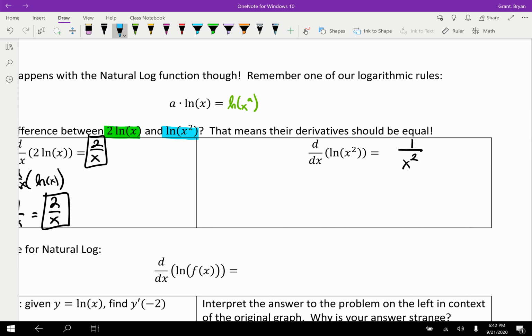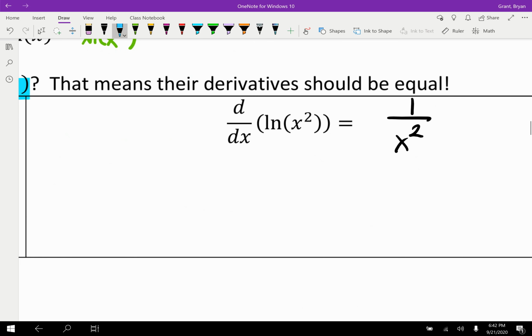Maybe we might remember from our chain rule practice up above that we know the derivative of the natural log of x, and this is x squared. So what if I replaced x squared with u and asked you to take the derivative of the natural log of u?